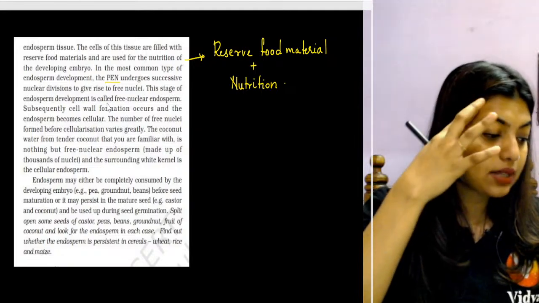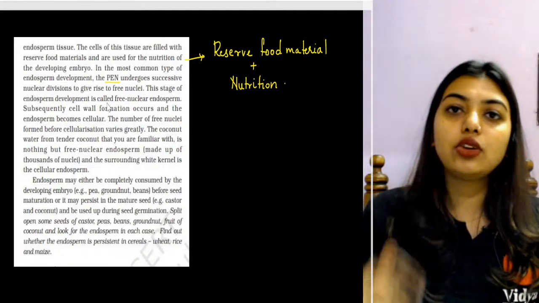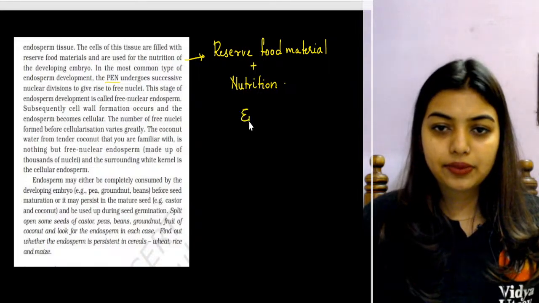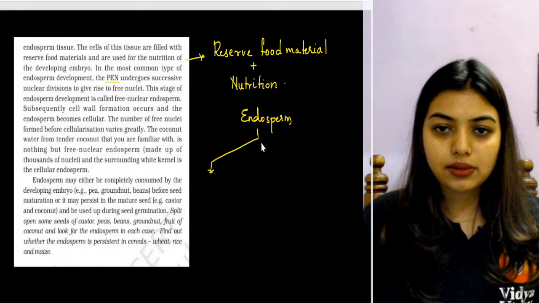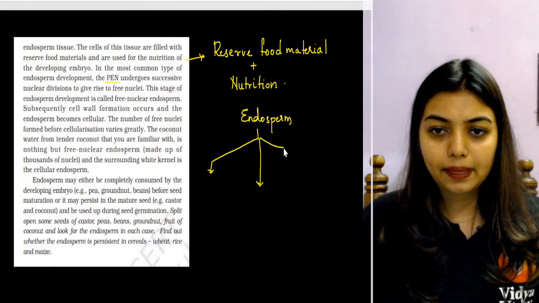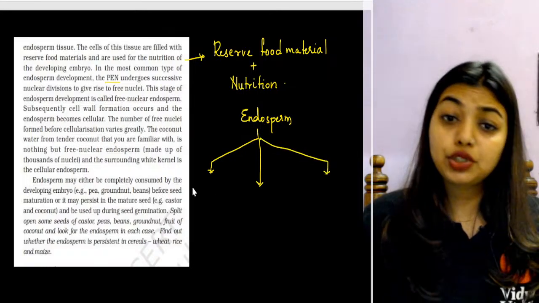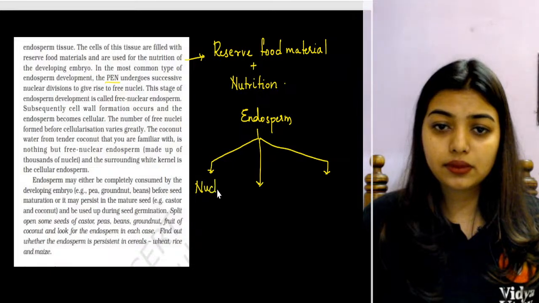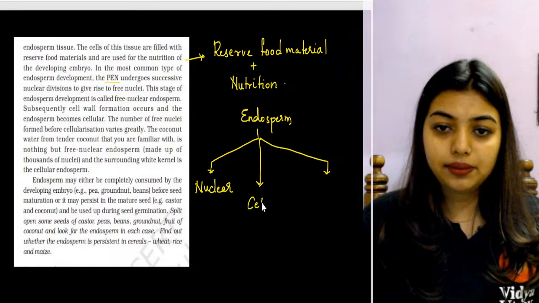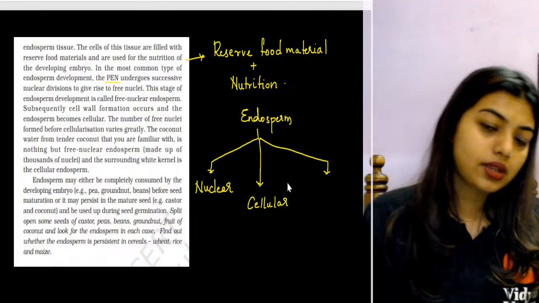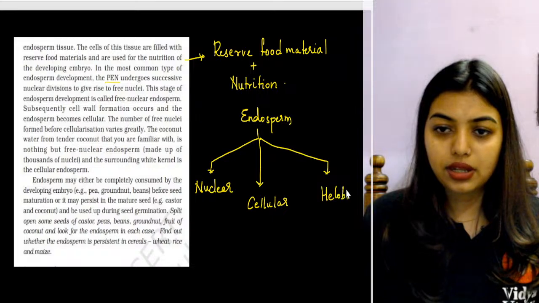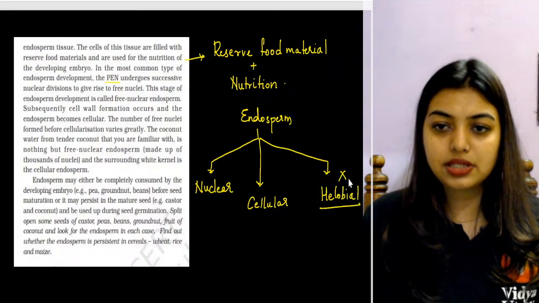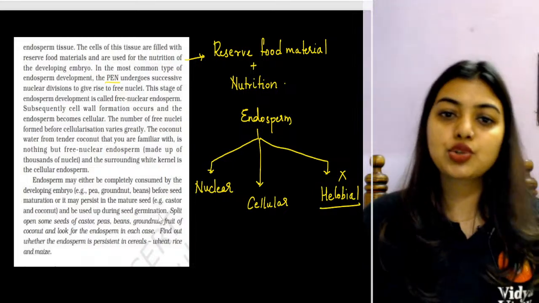Always remember, endosperm can be of 3 types. It could be nuclear, it could be cellular, and helobial. This last term you can completely skip, it is never coming in your chapter, but the other 2 terms you can see.